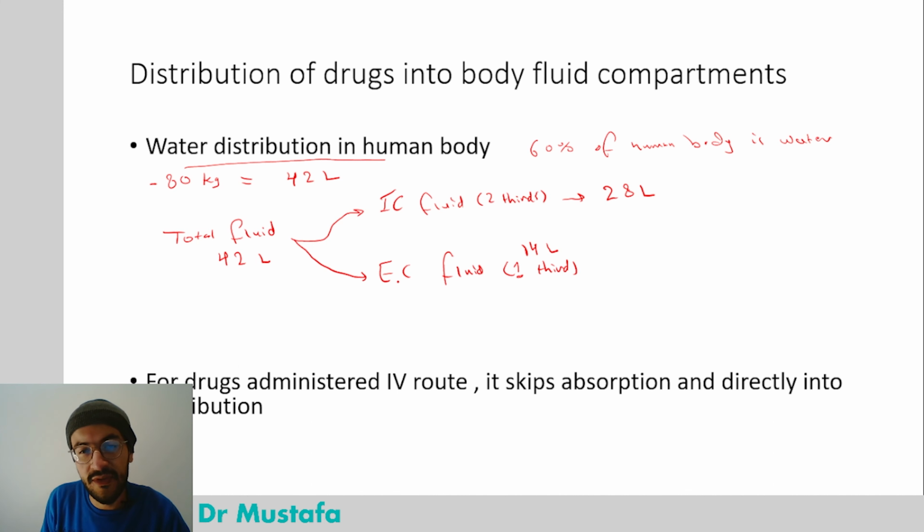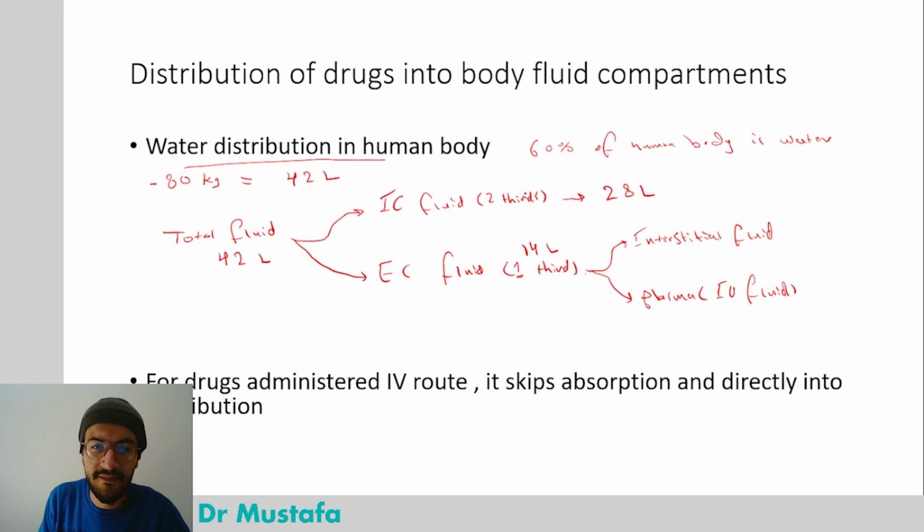The extracellular fluid is also divided into two compartments: the interstitial fluid, and the plasma fluid, which is also called the intravascular fluid.